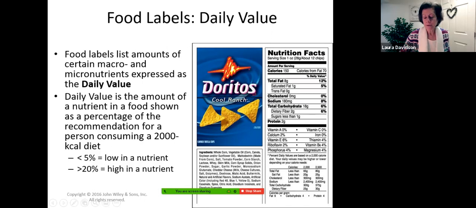What's really great about the ingredients list is that the ingredients are listed in order based on weight. So one of the things you can spot really quickly is if a food is very high in sugar or unhealthy fat, that ingredient would be in the top several. So this is whole corn as a first ingredient, which isn't terrible, and vegetable oil.